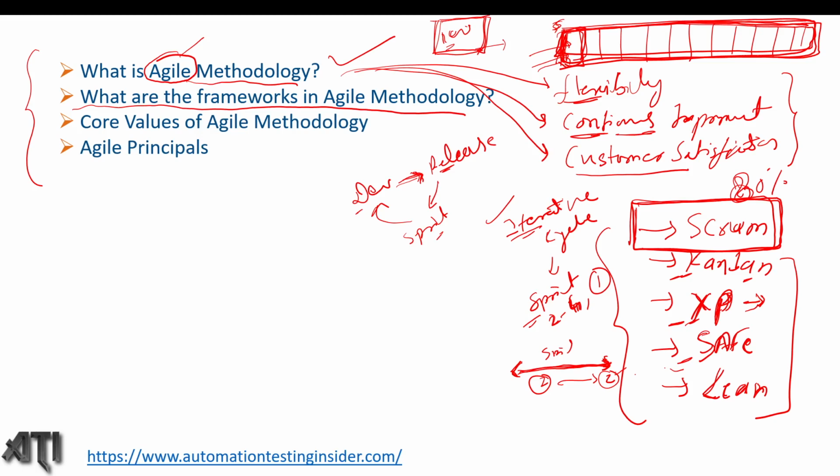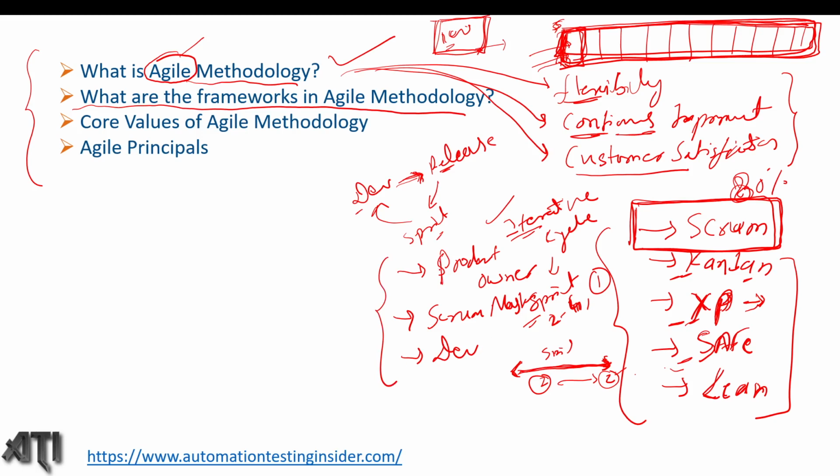So what are the different roles we have in Scrum projects? We have 3 major roles. One is product owner, another is Scrum master, and then we have the development team and testing team, right? So these are the 3 major roles.